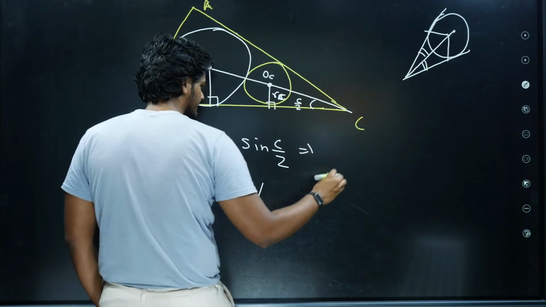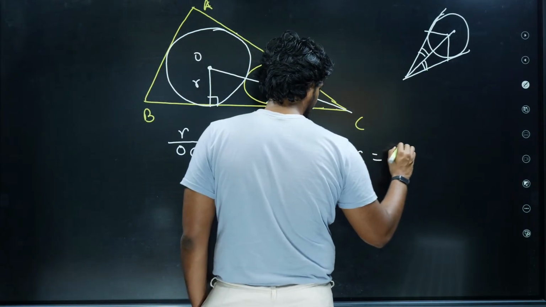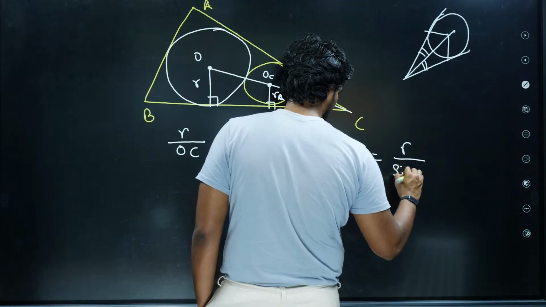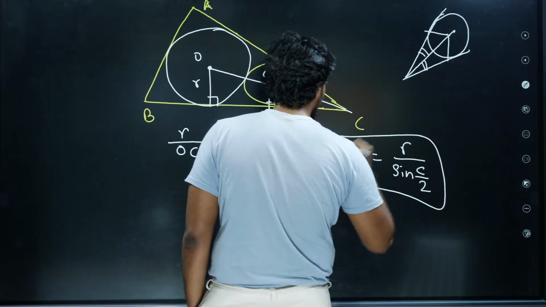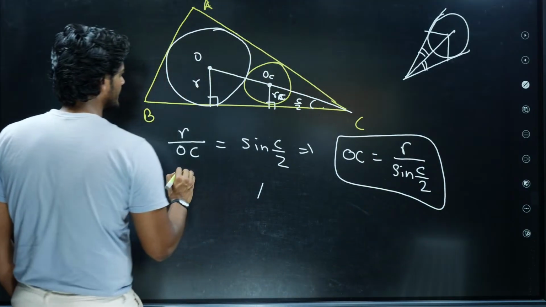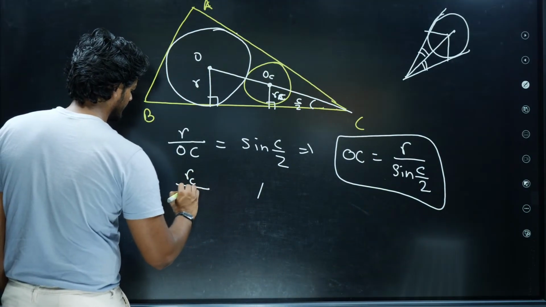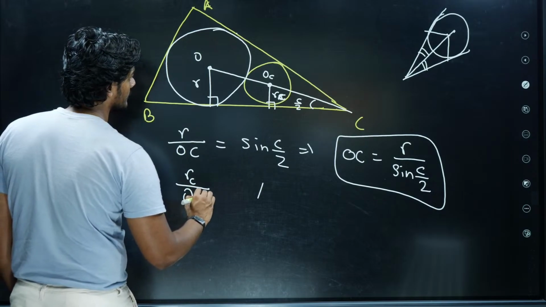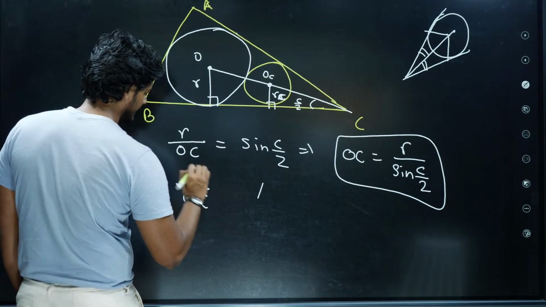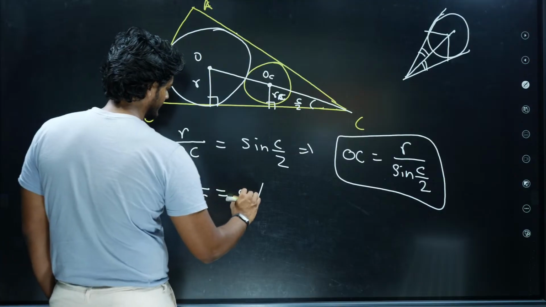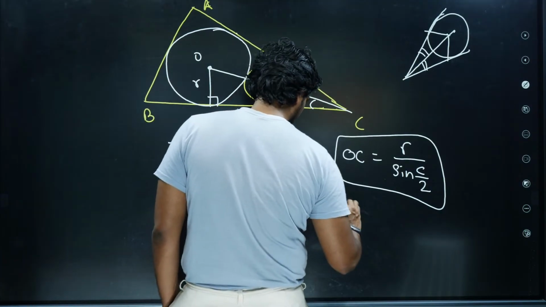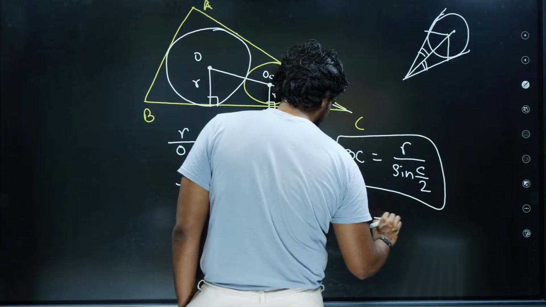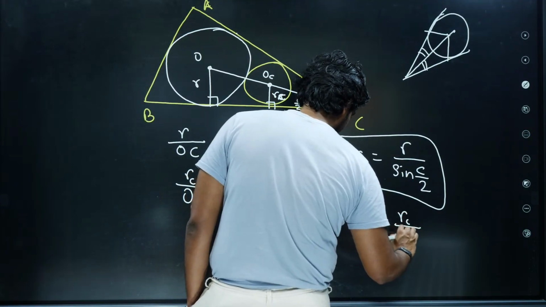So that implies OC is equal to R by sine C by 2. And similarly, what is RC by OCC? That is also sine C by 2. And that will imply that OCC is also equal to RC by sine C by 2.